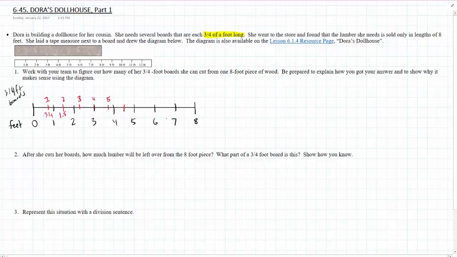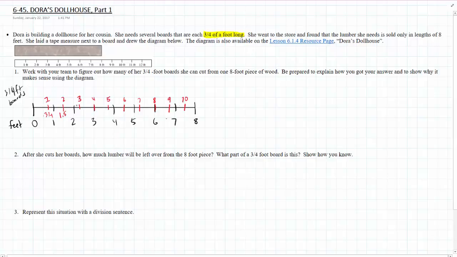1/4, 2/4, 3/4. That's 6 pieces. 1/4, 2/4, 3/4. That's 7. 1/4, 2/4, 3/4. There's 8 right here. 1/4, 2/4, 3/4. That's 9. 1/4, 2/4, 3/4. That's 10 pieces here.